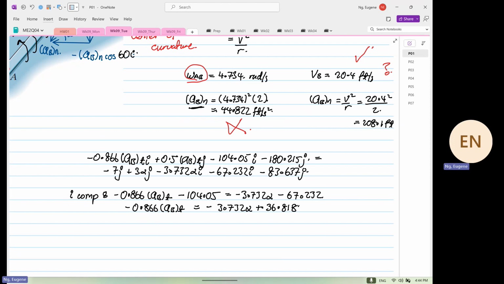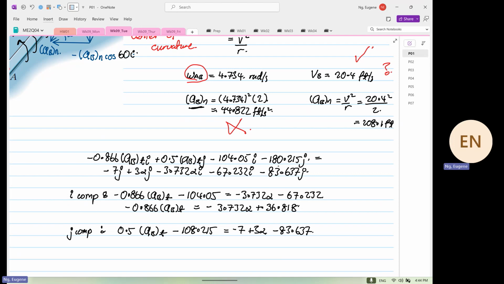Then I go into the J component. So for the J component, we have 0.5 ABT, and J is minus 108.215. This is equal to minus 7 plus 3 alpha, and J is minus 83.637. Let me check again.